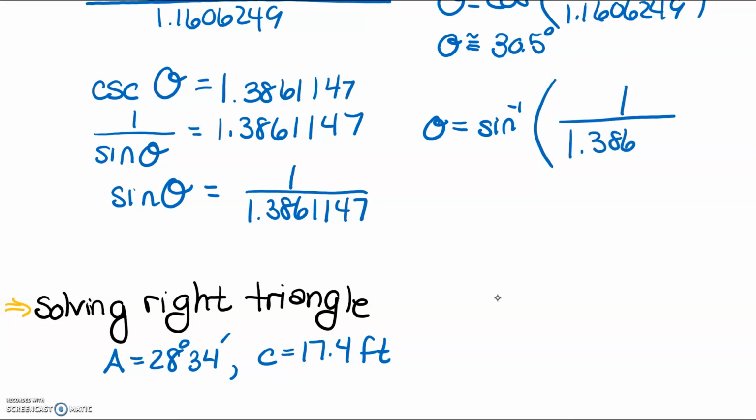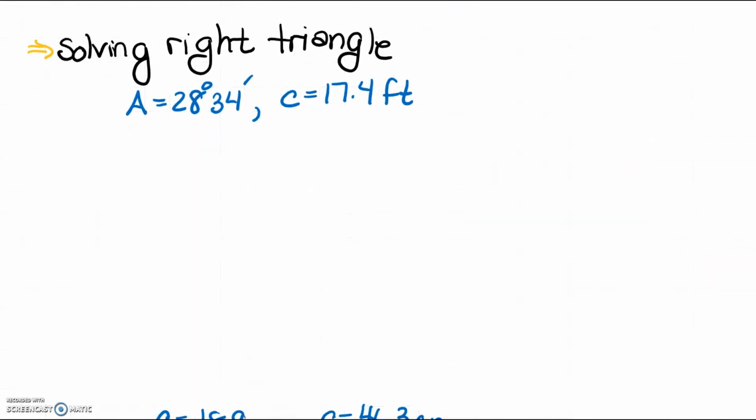And I'm going to set up an equation like this. All right, so now let's go ahead and plug that in your calculator. 1 divided by 1.3861147. And I get approximately 46.2 degrees.